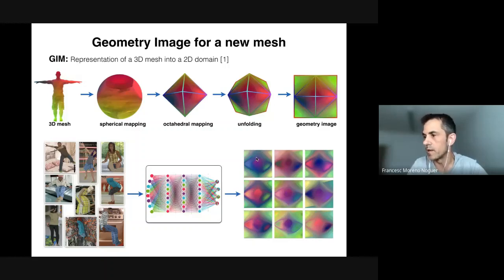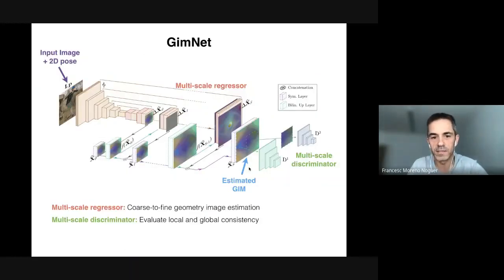All right, and we can, again, exploit fully convolutional networks here. So here is a glimpse of the network that we use, the GimNet we call it, all right? The idea is that, given an input image of the person plus the 2D pose of the person, we have a multi-scale regressor, which means that we estimate the geometry image at different scales.